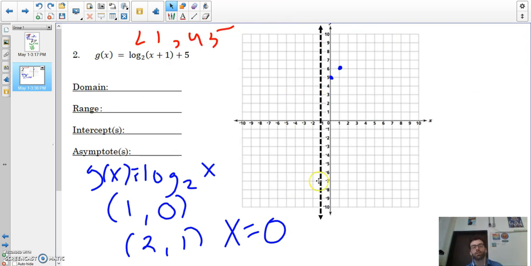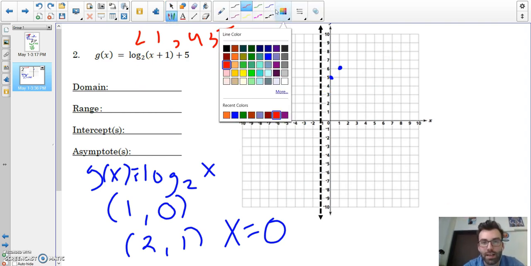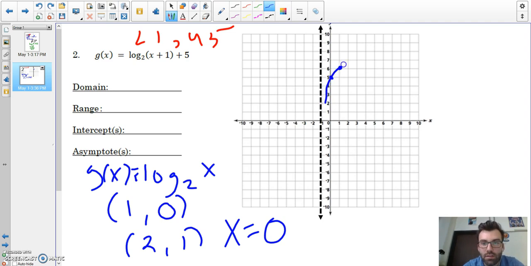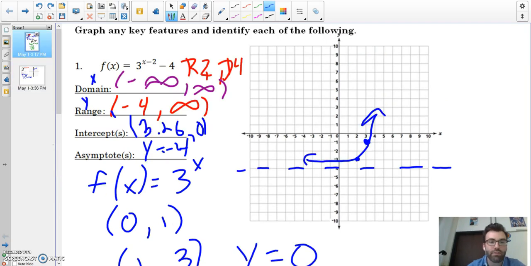So now I want to graph here. We're going to connect our dots. There you go. Now I can find my x-intercept. Excuse me, let's do our domain first. Remember, our functions are inverses.